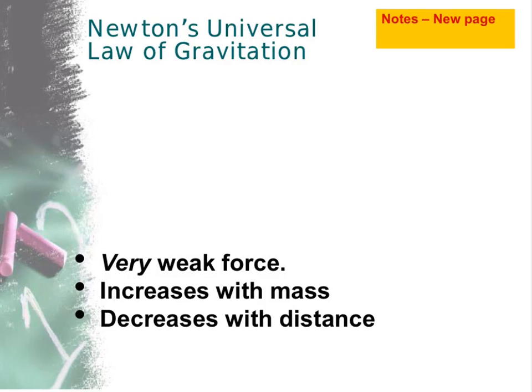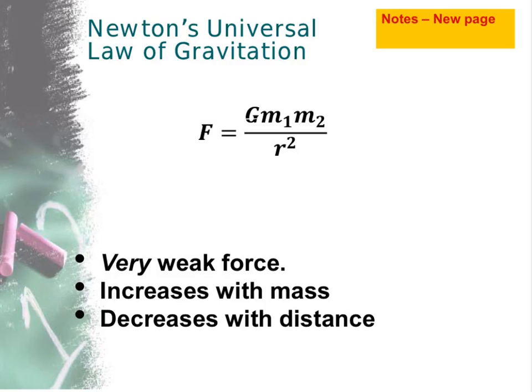So what Newton discovered, he actually came up with a formula, and you might have been able to figure out the same, is that this force is equal to a constant, G, times the combined masses. So you have two masses, m1 and m2, you multiply those, and then you divide by the distance between the two of them squared.